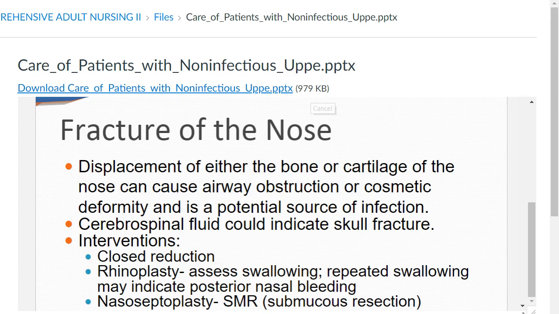But some of the interventions that we may see is, first of all, a closed reduction, okay? This is where they actually move or manipulate the bones back in place. It can be done under local and sometimes general anesthesia. They want to do this within the first 24 hours after the injury because of edema and scar tissue formation, okay?